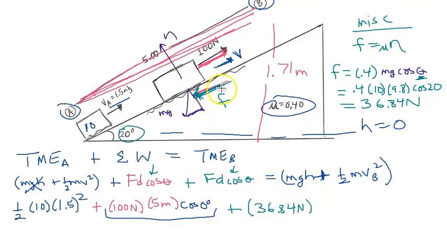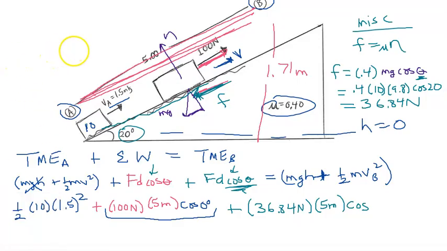That's friction. Friction also, clearly it's important that it's 5 meters, right? The longer this distance, the more nooks and crannies the box bumped into, the more work was taken away, the more energy was taken away. So friction, 5 meters, this is positive, this is positive. The only place you're going to get a negative sign is from this cosine theta.